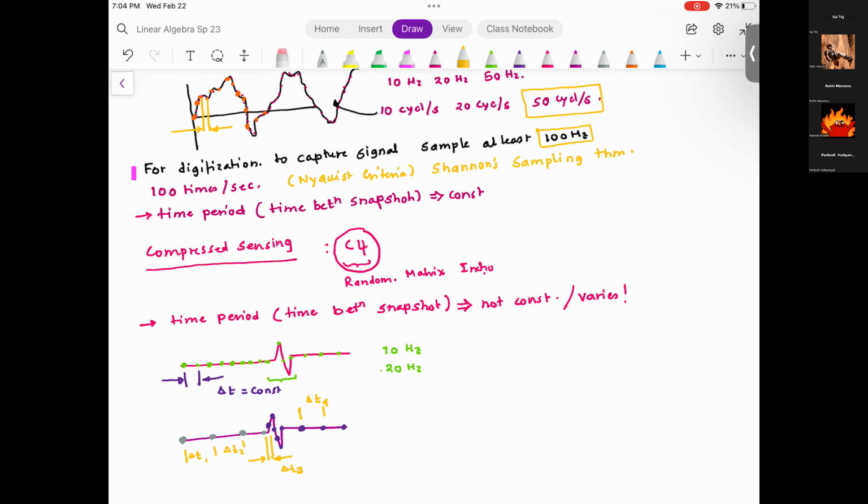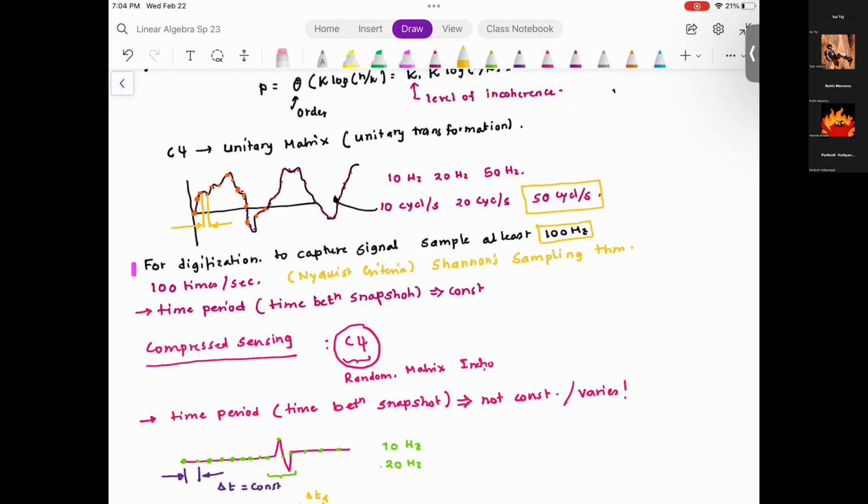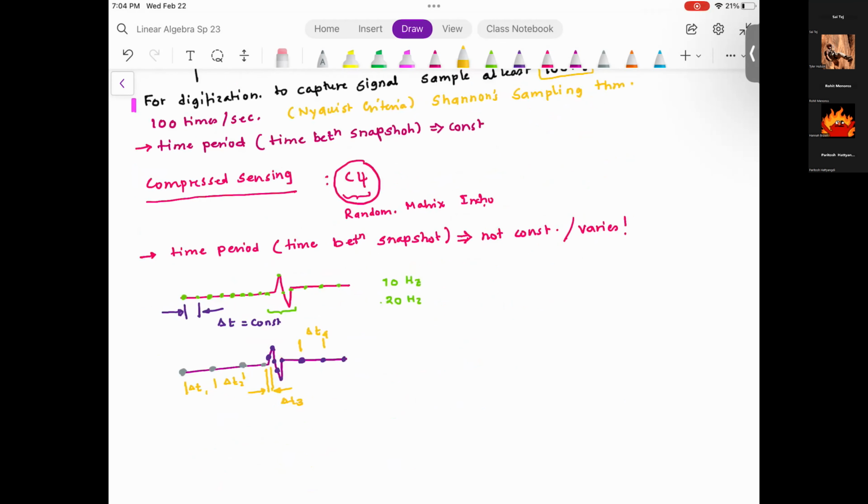So what I have shown you here will make perfect sense when we do the MATLAB coding, and then we are going to perform compressed sensing on an actual data set, wherein we would use the Nyquist based sampling, and then we'll use the compressed sensing. And you will notice that the data that we capture is fairly accurate. So we get the complete capture.